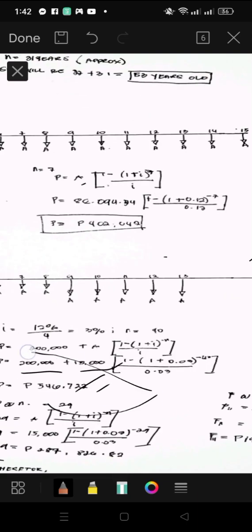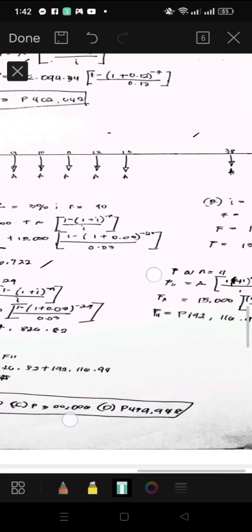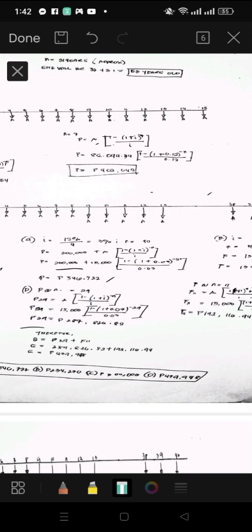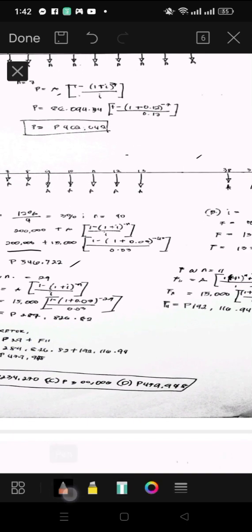So our solution: i is equal to 3%, then n is equal to 13.